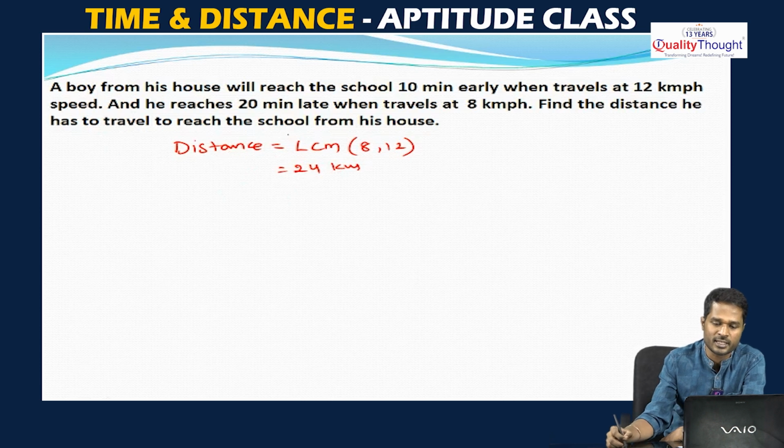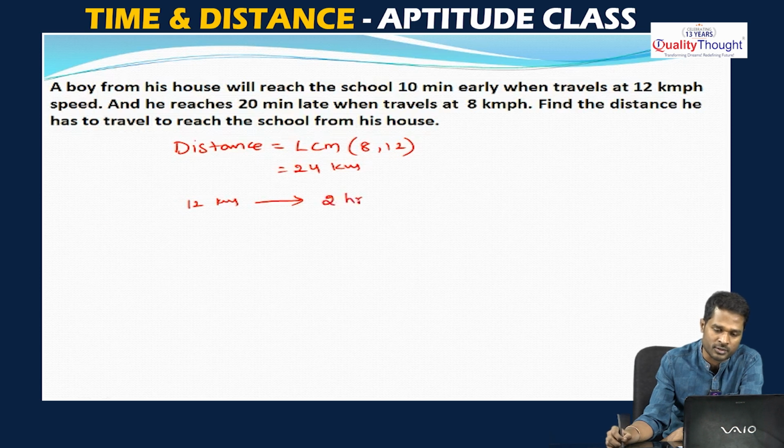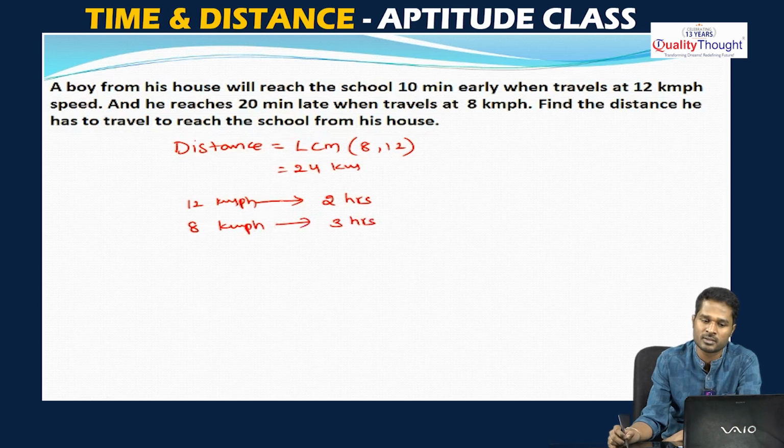See here, first he traveled with a speed of 12 kilometers per hour. If he goes with the speed of 12 kilometers per hour, he needs to travel for 2 hours to cover 24 kilometers, since 12 twos are 24. In the second case, he is traveling with a speed of 8 kilometers per hour, so he needs to travel for 3 hours to cover 24 kilometers, since 8 threes are 24.